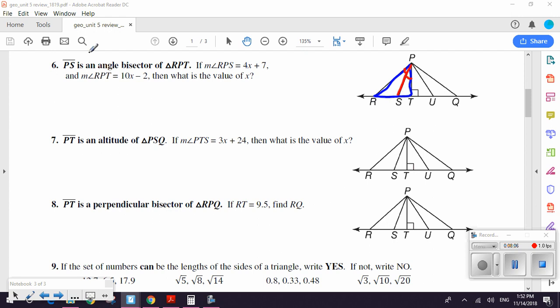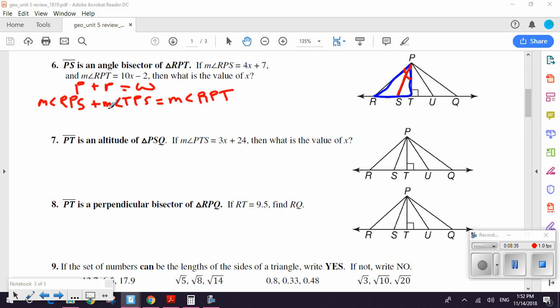So we got some angle addition going on here. We have two parts and we have a whole. The two parts are angle RPS and angle TPS. And then the whole is angle RPT.